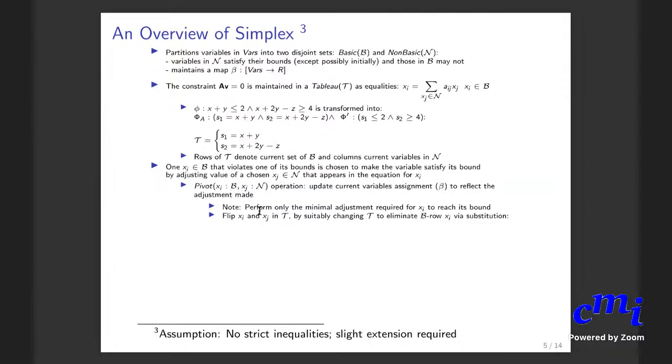After it does the adjustment, the non-basic variable whose value is adjusted might no longer satisfy its bounds, and therefore it also flips those two variables, moving the basic variable into the non-basic set, and moving the non-basic variable whose value got adjusted to make xi meet its constraint into the basic set, because the non-basic variable whose value got adjusted may no longer satisfy its constraint.